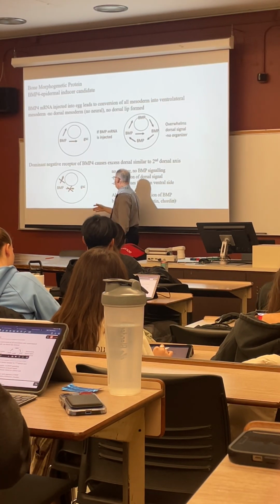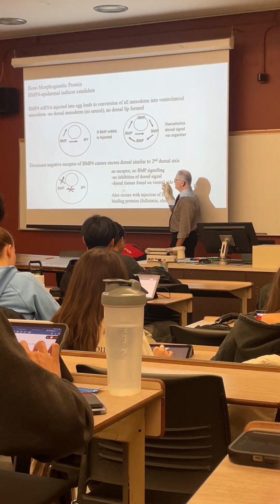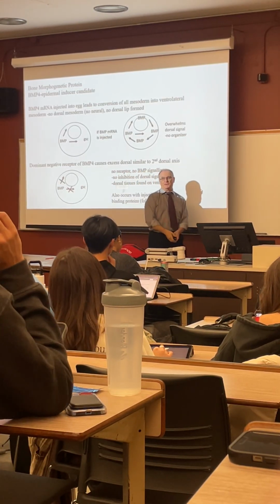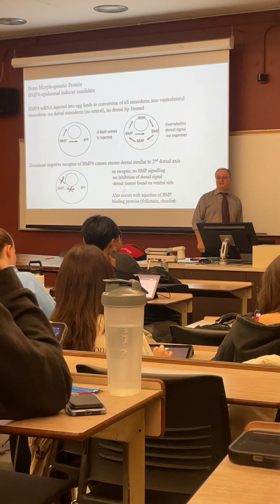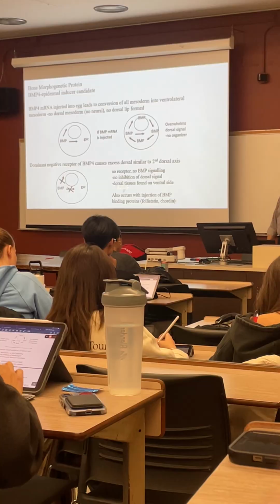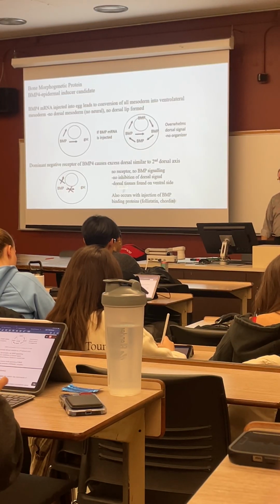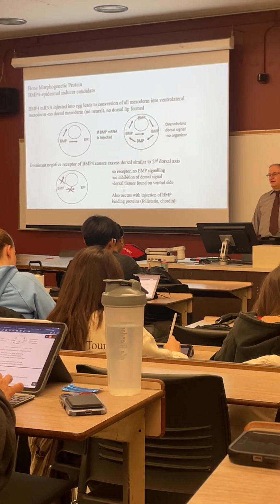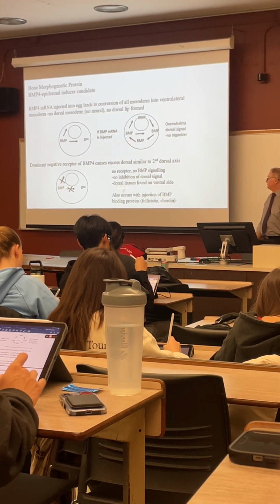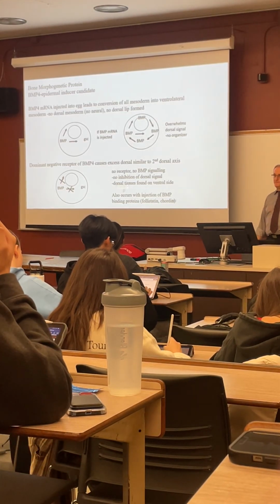Dorsal can spread, and eventually you get dorsal tissues that are found on the ventral side. You're kind of dorsalizing the embryo because there's nothing to prevent dorsal from spreading. So if you inhibit BMP by knocking out the receptor, you're going to extend the size of the dorsal organizer. You're going to extend sort of dorsal tissues.